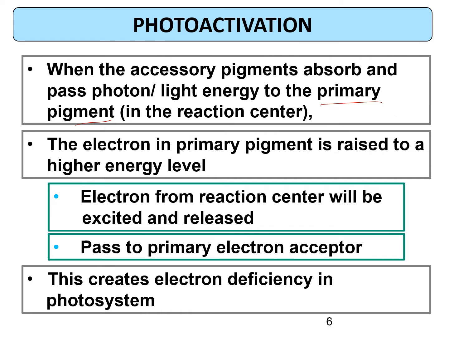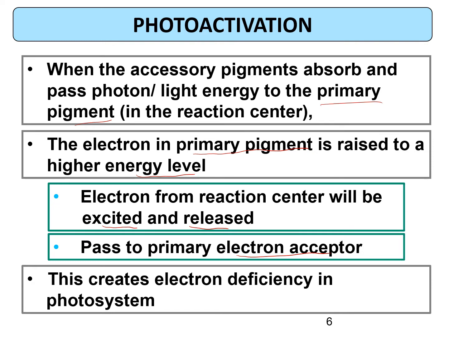So the electron in the primary pigment will be raised to a higher energy level, meaning that it gets energy from the photon. Once the electron has enough energy, it will be excited and then released to the primary electron acceptor.